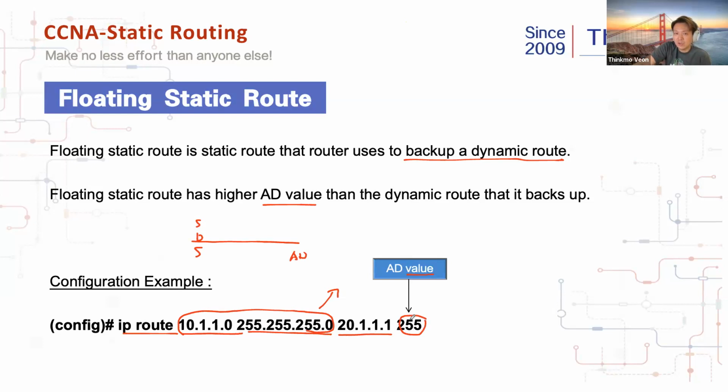This 255 is very high because OSPF only has 110. Even though static route is usually preferred over OSPF, because the AD value is manually configured higher, OSPF will still be preferred. But if the OSPF route fails, then this static route will take effect. So this one is used commonly for backup.